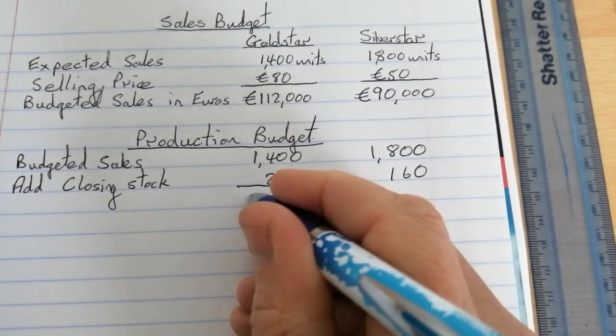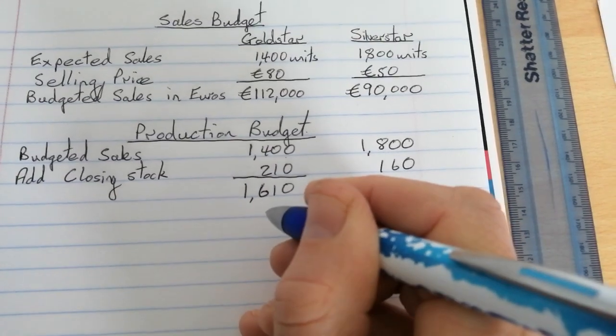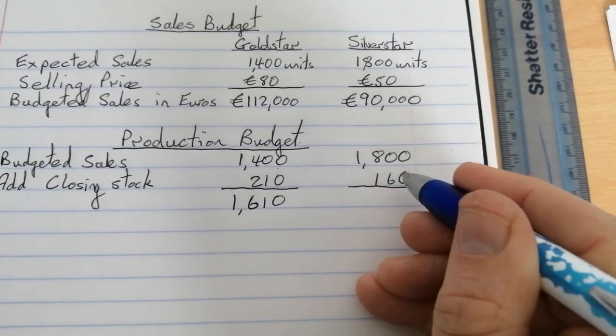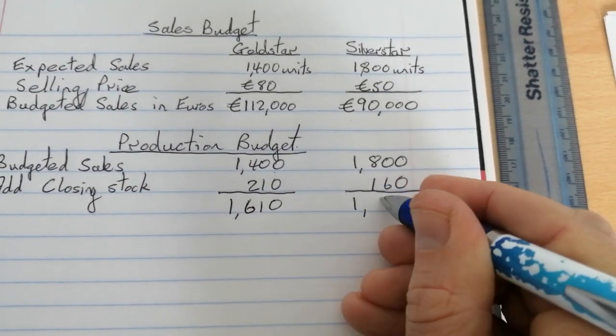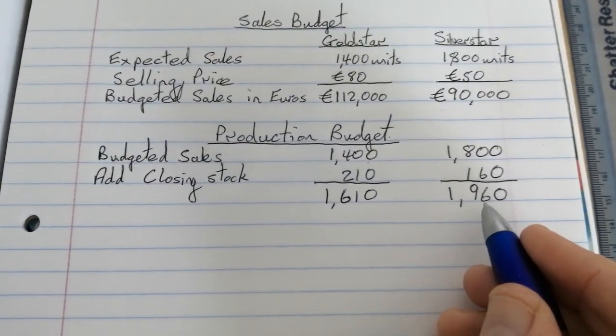Then in total I have to produce 1,610. Isn't that correct? And the same goes for this. If I want 1,800 to sell and 160 left over in my warehouse at the end, I need to produce 1,960. I need to manufacture 1,960 of them.